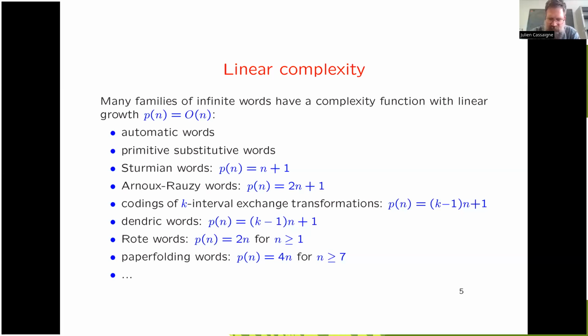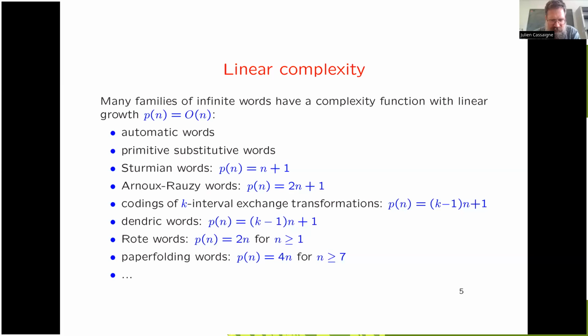Random word in the sense that you flip a coin to get each letter of the word: then almost surely you will see all the possible factors in it. So the complexity function will be 2 to the n if the alphabet is binary. But in practice, you're interested not in random words, but in interesting words. And it happens that many interesting words have linear complexity.